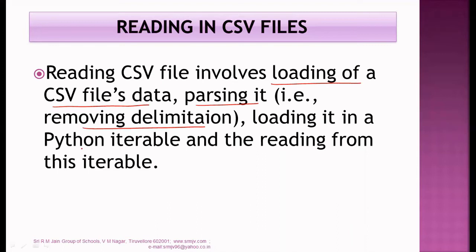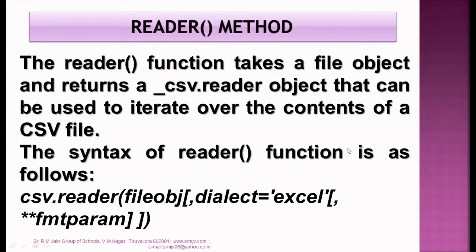Loading it in the Python iterable and then reading from the iterable means that each and every record should be read. So it should be iterable, that is, the process should be repeated to read all the records from your file. Once the reading is over, you can close the file.